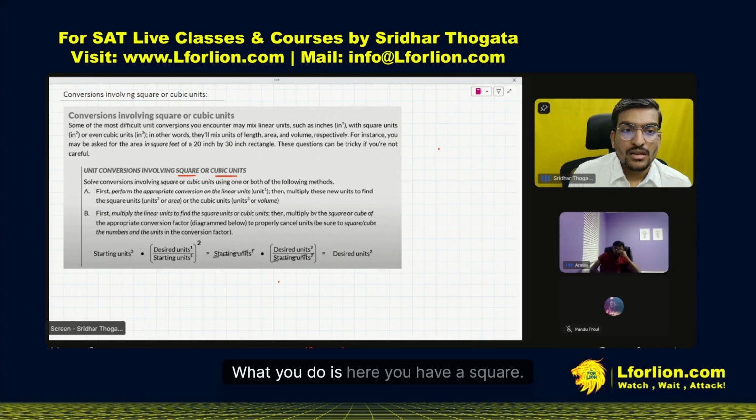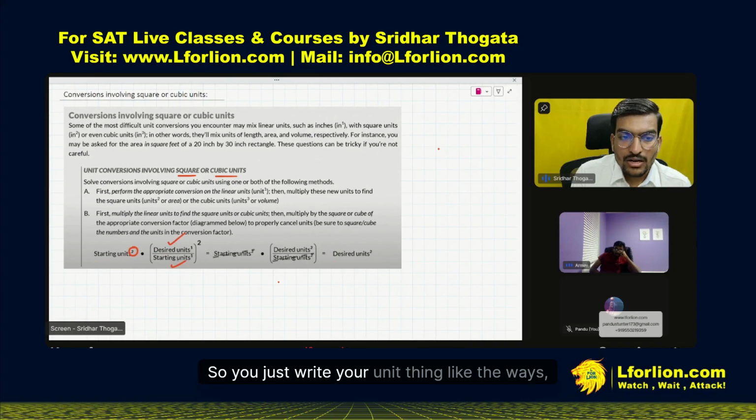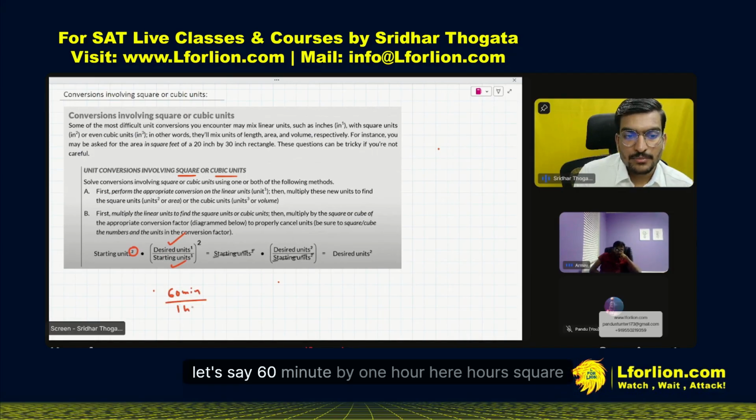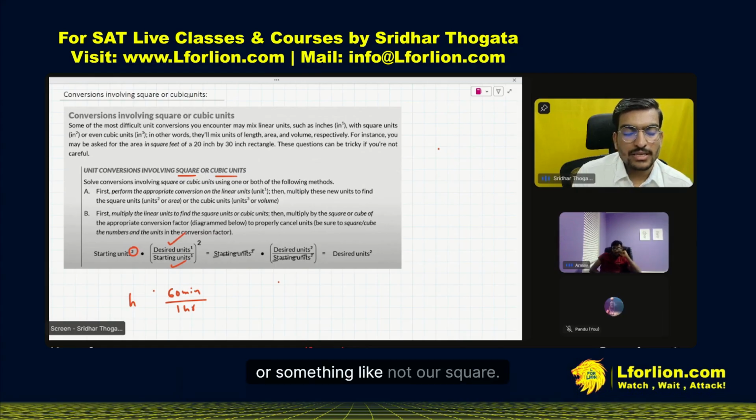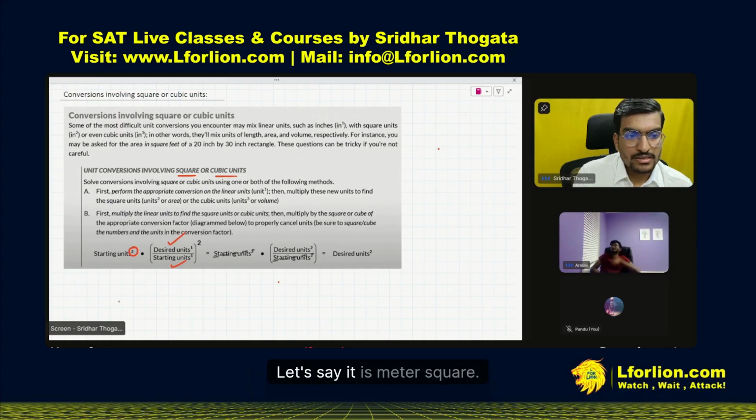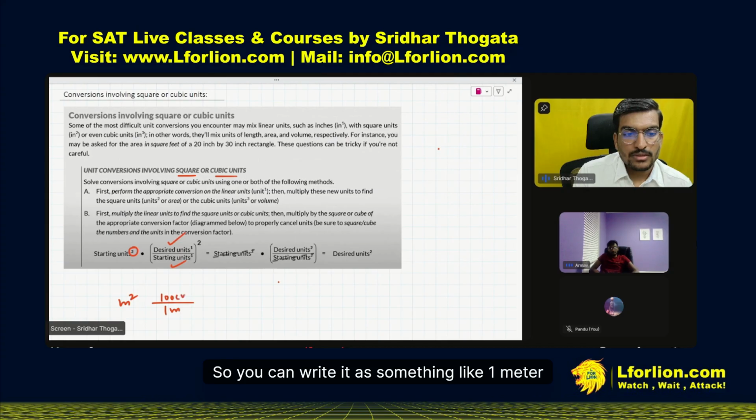Since you have a square, you write your unit conversion like, let's say, 60 minutes by 1 hour. Let's say it is meter square. You can write 1 meter equal to 100 centimeter. This is the idea we have.